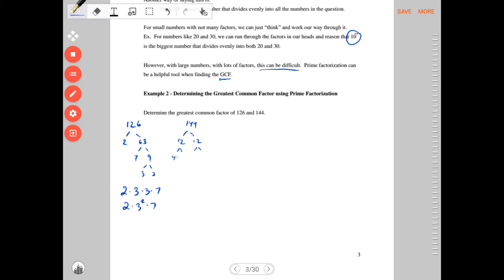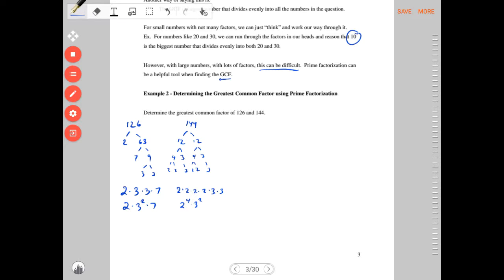So 12 is 4 times 3, and again 4 times 3, and the 4 is 2 times 2, and then 3 just hops down. So we have four 2s and two 3s. Another way of saying that is 2 to the 4th times 3 squared.